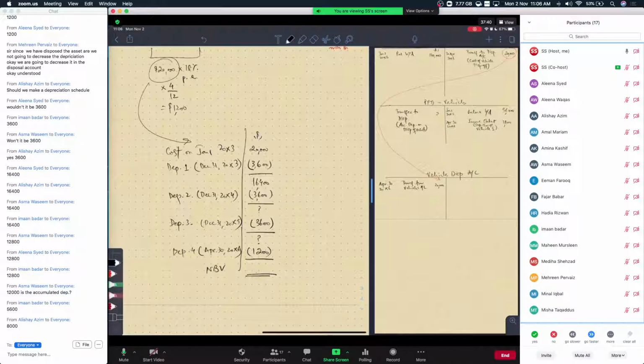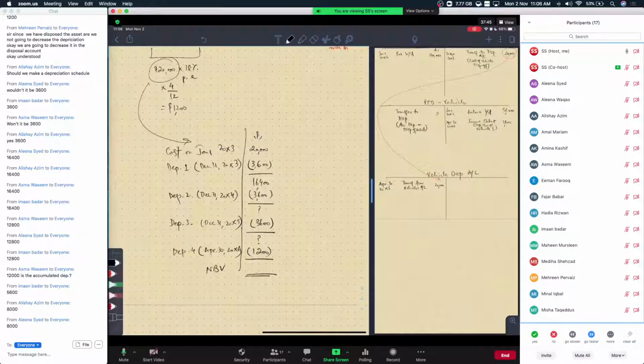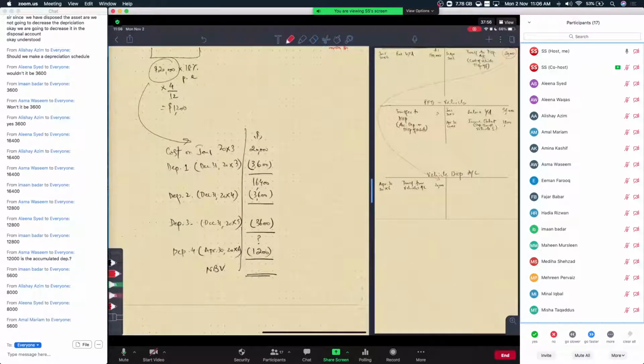So $8,000 and $5,600. We have two different values coming over here in the chat box. Could you please tell me, okay, let's go in steps. What is the net book value here? 16,400 minus 3,600. It must be 12,800, I guess. 12,800, right?